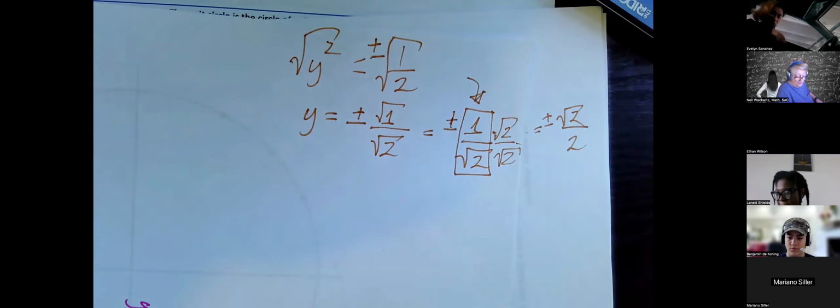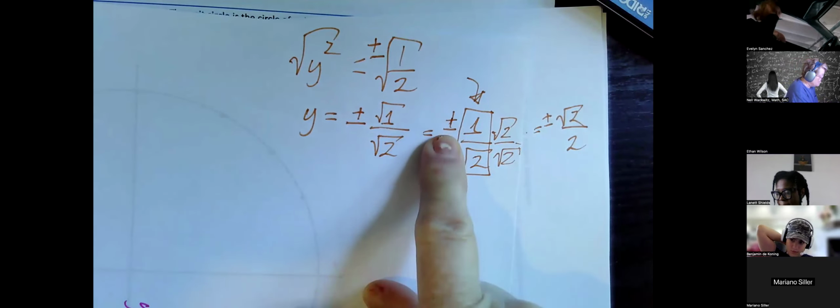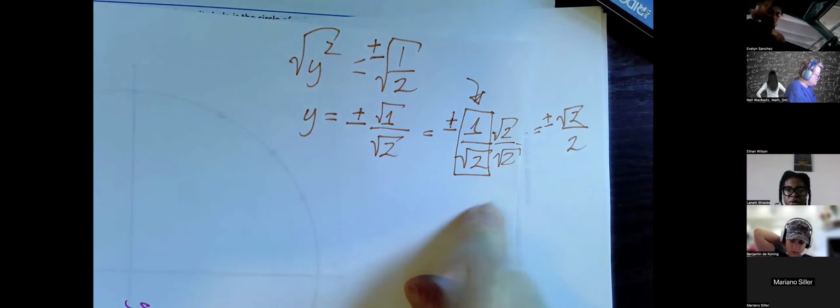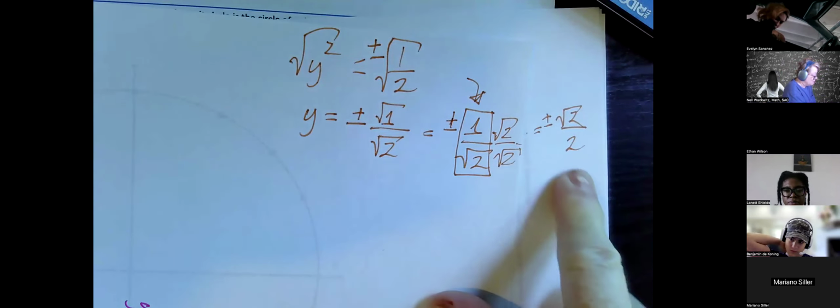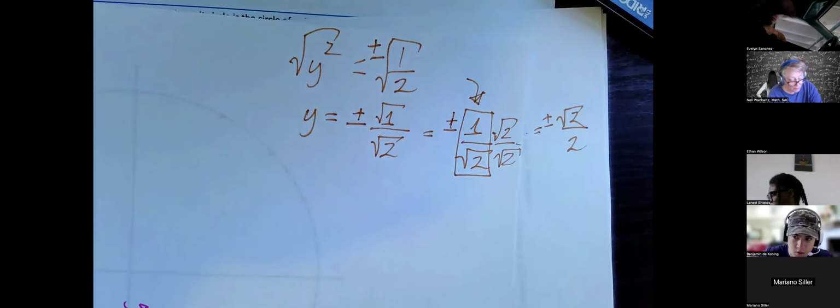So now I want y'all, so the second coordinates are plus square root of 2 over 2 and minus square root of 2 over 2. And that means that we've got two y values for each x, and the same goes for the y values. So I want y'all to do this one.